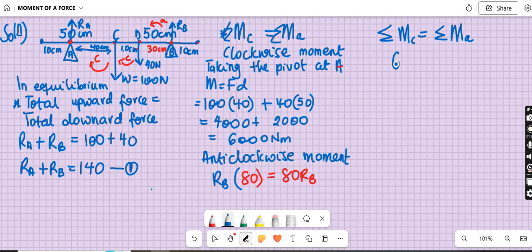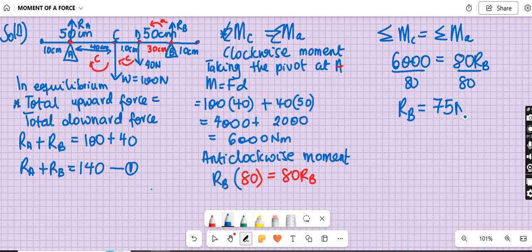So we already established that our clockwise moment is 6,000 and our anti-clockwise moment is 80 RB. So to find RB, we'll divide both sides by 80 and we should get our RB to be 6,000 divided by 80. That should be 75 Newton.